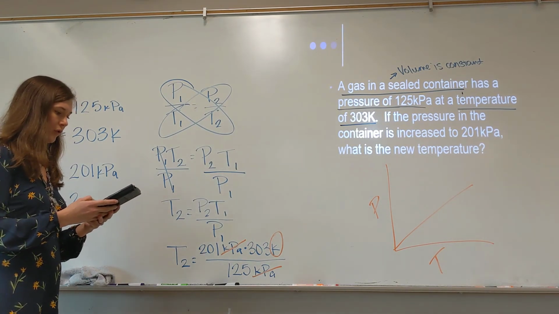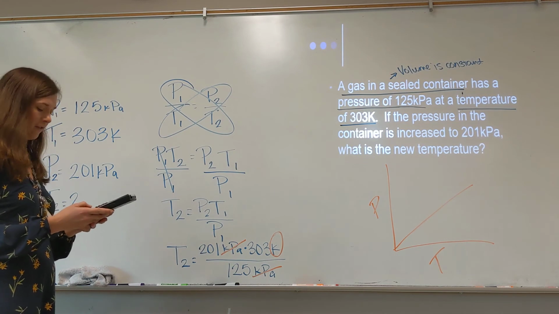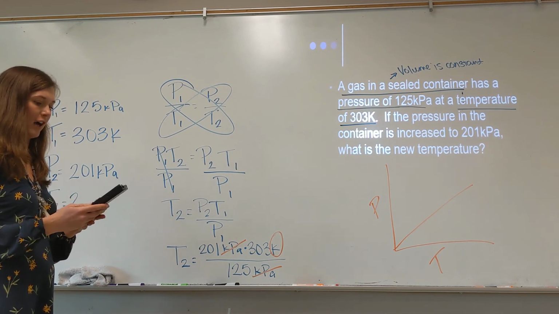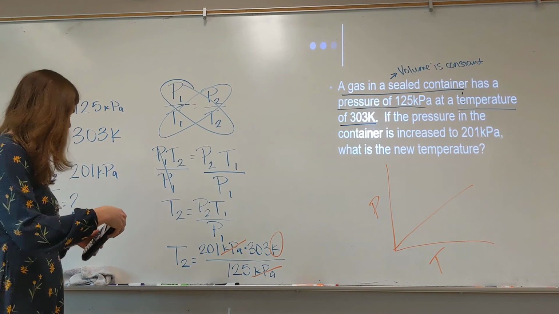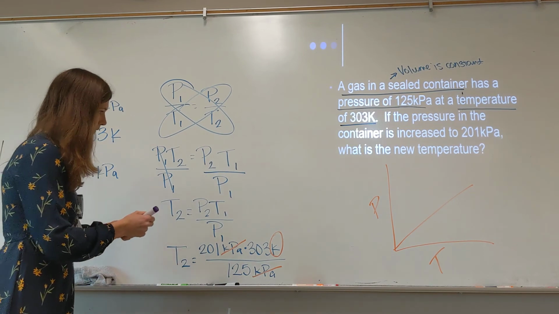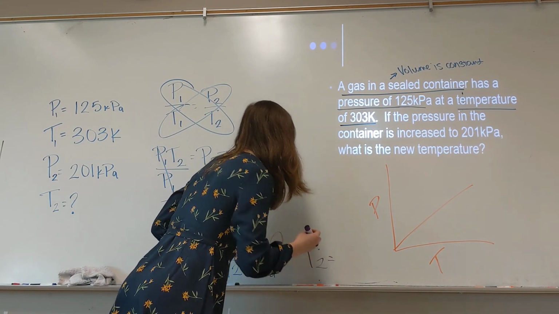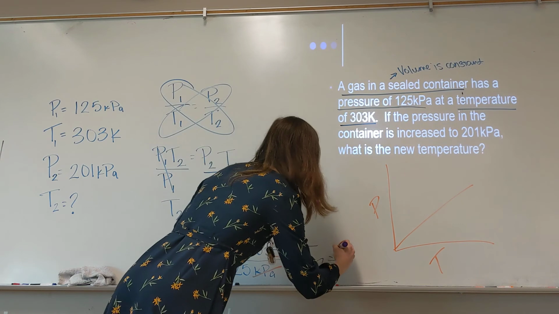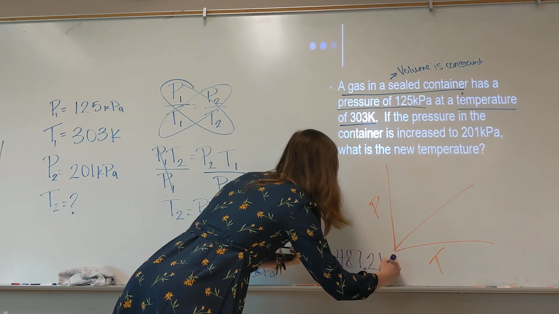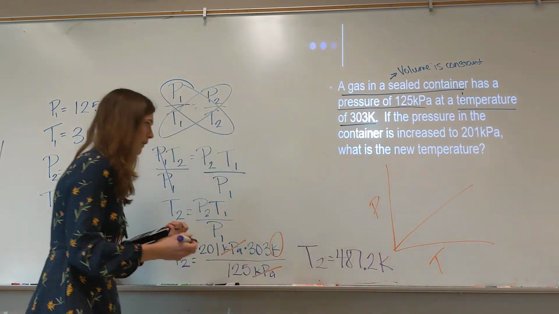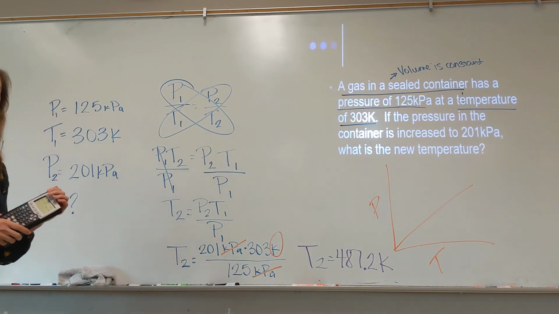I have 201 multiplied by 303 divided by 125. I get 487.224. So T2 is equal to 487 Kelvin. And that is Gay-Lussac's law.